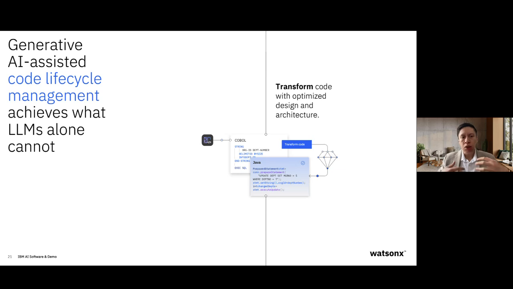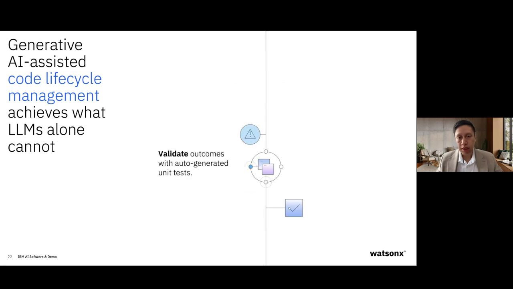And then actually doing the transformation for you with the combination of automation, advanced rules, then generative AI with our fine-tuned large language models, and in between, leveraging agents to connect the dots.